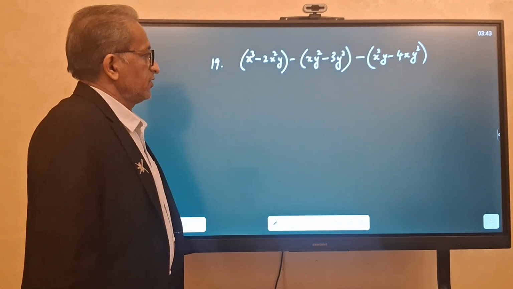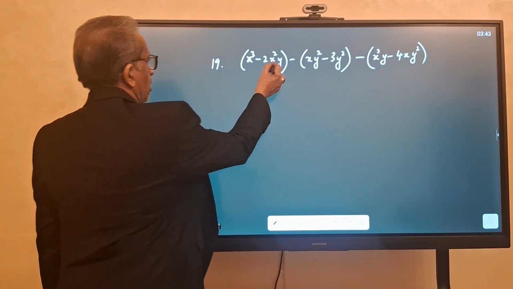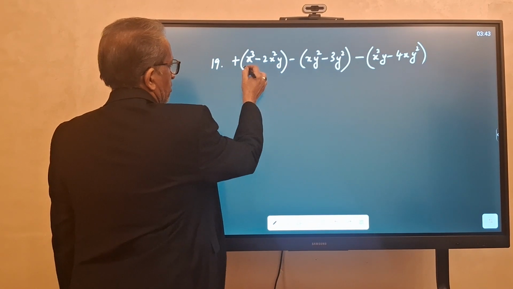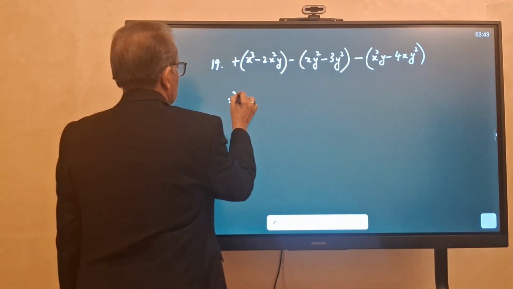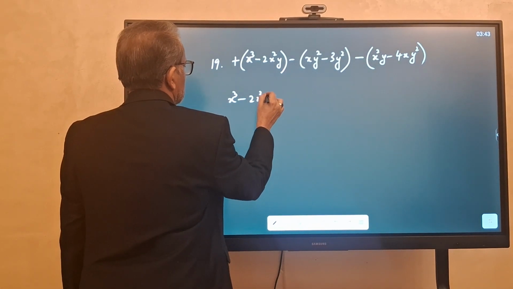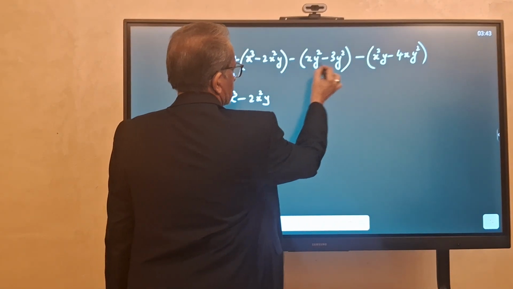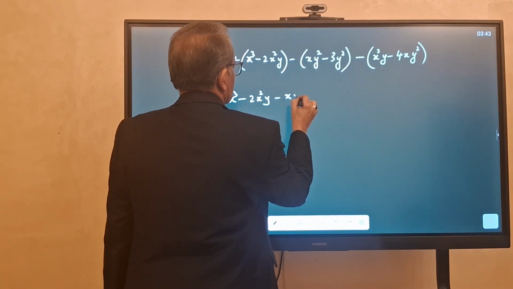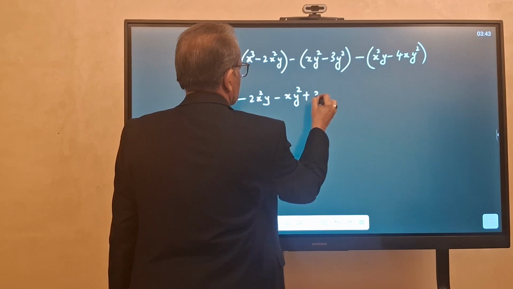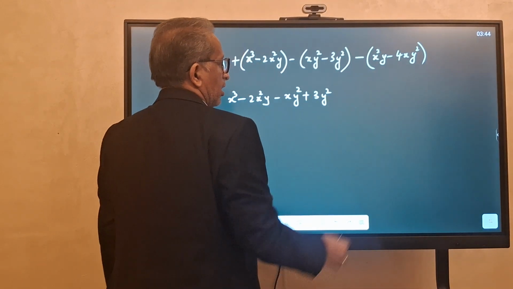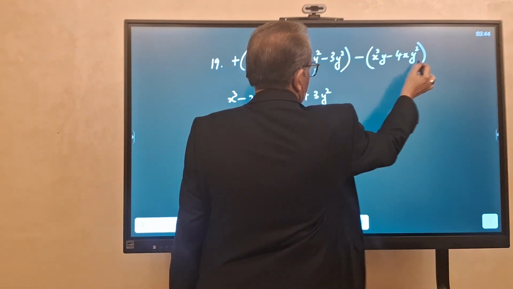So what I will do first, open the bracket. Outside plus, nothing changes. Outside this bracket, minus, the sign changes. Again outside minus, the sign of this changes.